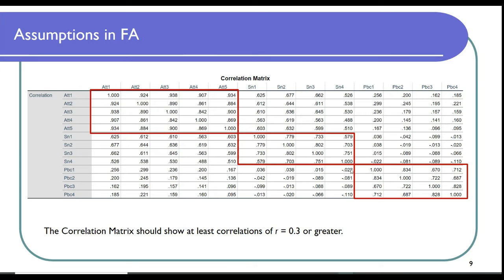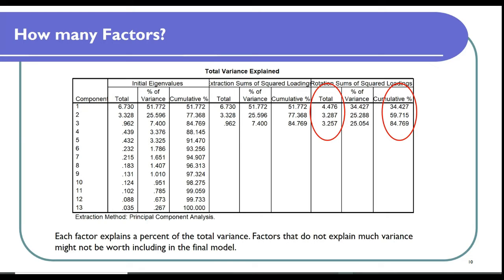All of them are greater than 0.3. But you can see that, for example, PBC2 with SN1 is negative, or less than 0.3, meaning that it's not good to put these two items under one single factor. They should be under two different factors. Now next, we need to know how many factors.